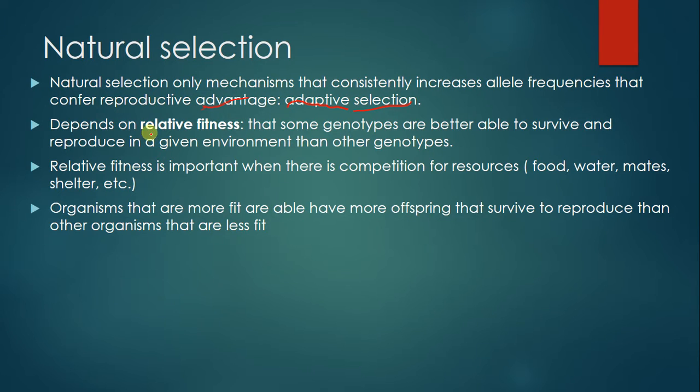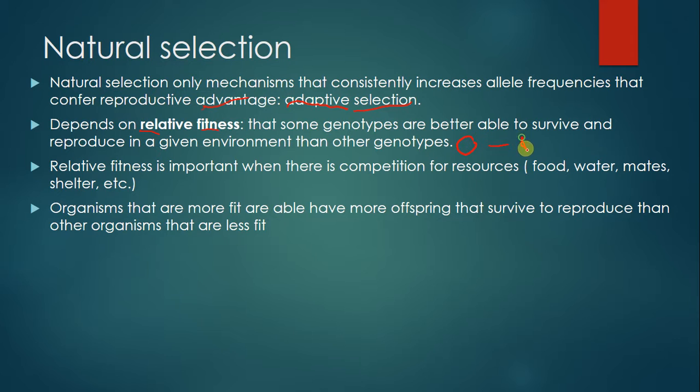Natural selection depends a lot on what's called relative fitness. Relative fitness is basically how advantageous, or how good at survival and reproduction, a given genotype is versus all other genotypes in that population. It's usually expressed as a number from 0 to 1.